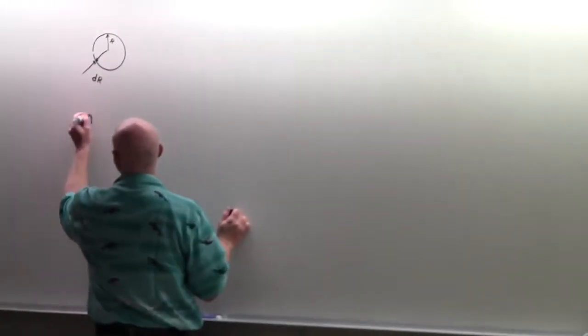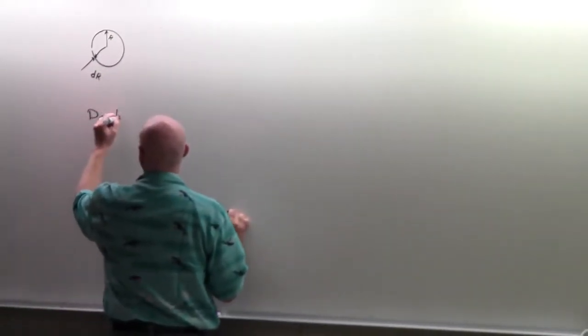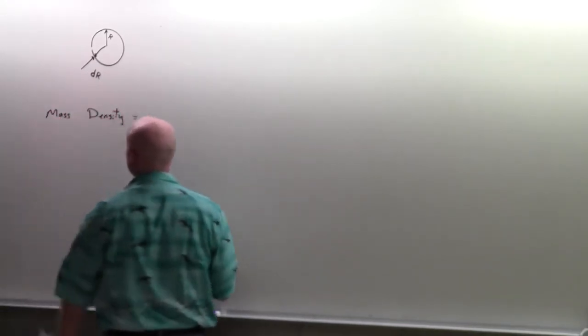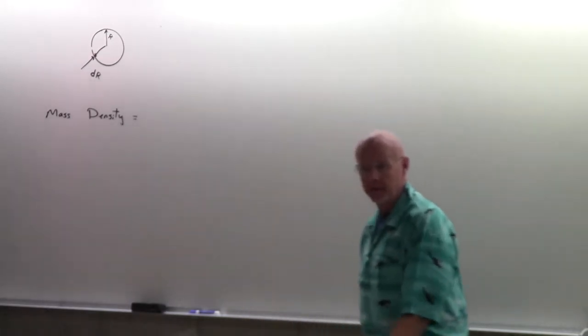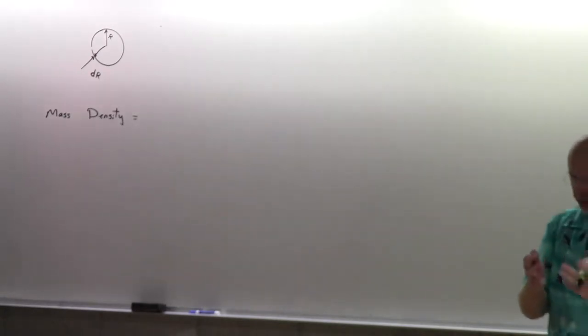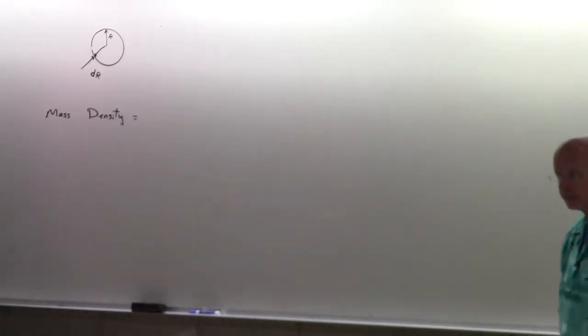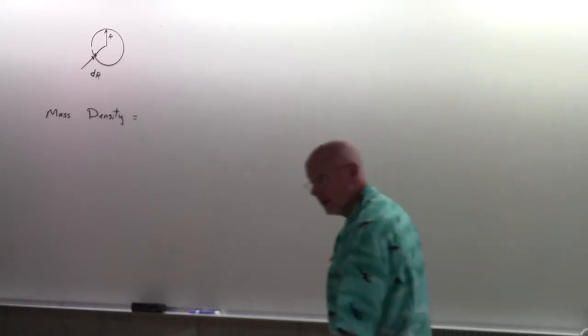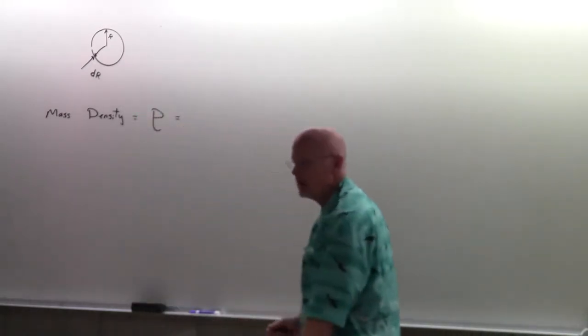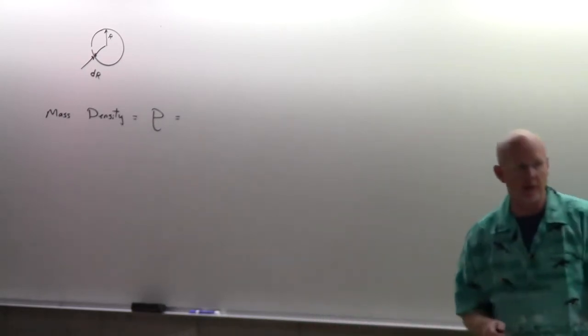In fact, let me throw this word density out here. What's density? And maybe I should say mass density. Isn't mass density how much mass you have per volume? The standard symbol we like to use for mass density is rho. We saw it a little bit in the last chapter.